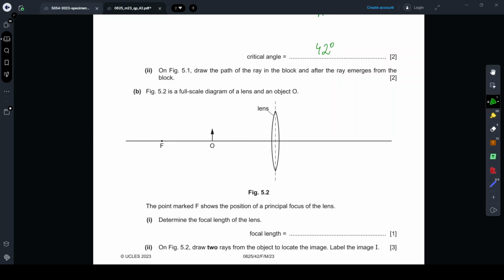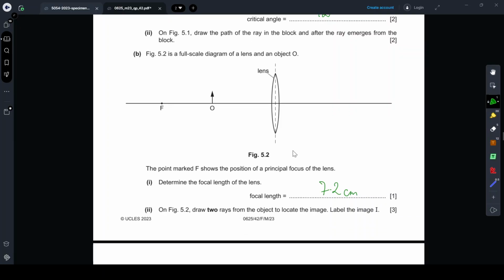Since I don't have that option over here, I'll just give that to you, and that's 7.2 centimeters. So this is something you need to have a proper ruler for, and then you measure it off the ruler. That's the focal length, right? The focal length is the distance between the optical center and the principal focus.